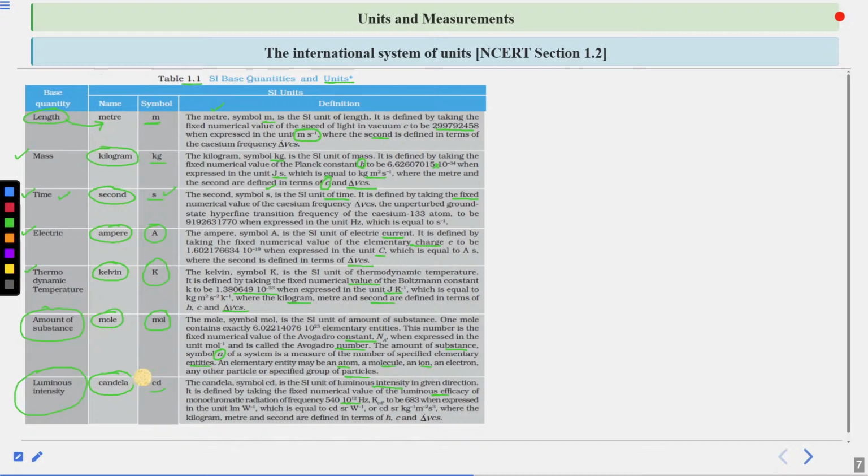So luminous intensity is a base quantity, the name of its unit is candela and the symbol is cd.